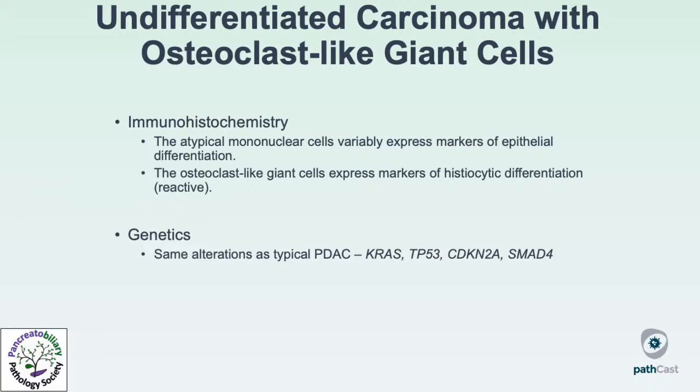So these are the neoplastic cells, and then the osteoclast-like giant cells express markers of histiocytic differentiation, and these are reactive non-neoplastic cells. Genetically, they have the same alterations as typical PDAC with KRAS, P53, CDKN2A, and SMAD4, so there's not a genetic determinant of this really unique histological or morphological variant.